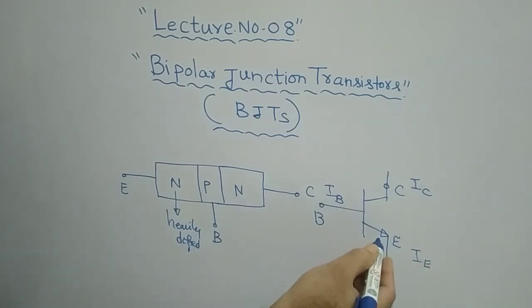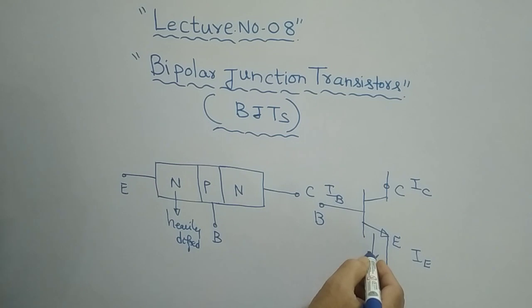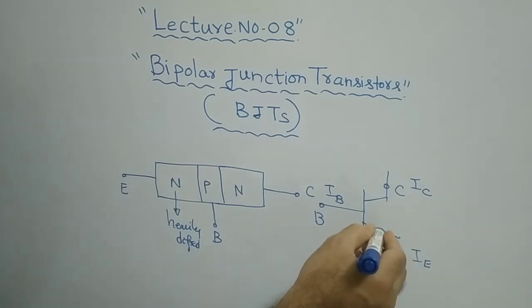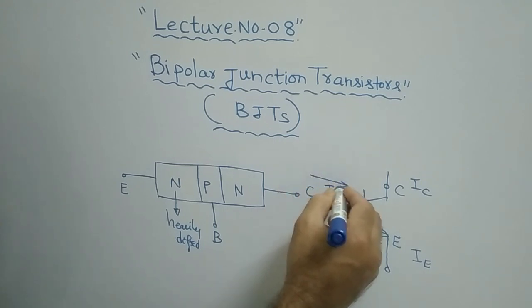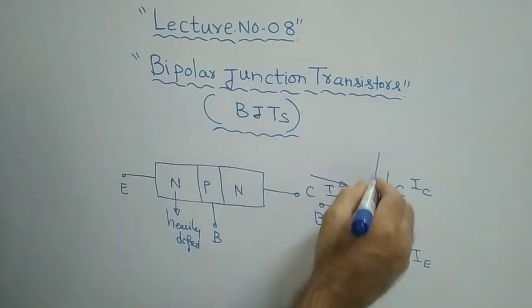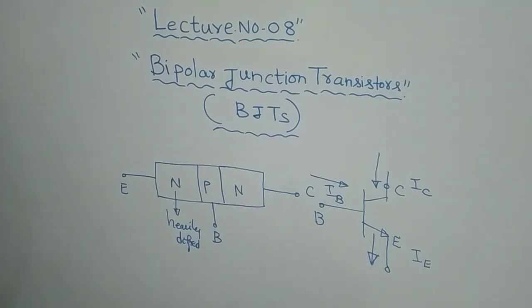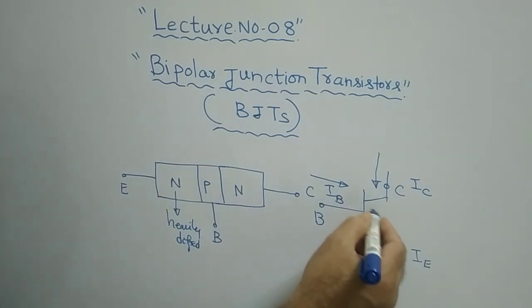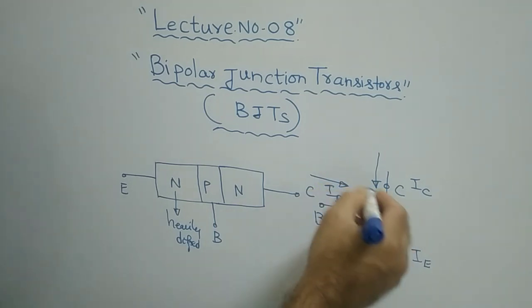The arrow mark indicates the current flowing outward, and you can show the current direction in this way. As the emitter current is going outward, the remaining two currents go inward, because according to Kirchhoff's current law, if you consider this as a node, the outgoing current equals the sum of the incoming currents.